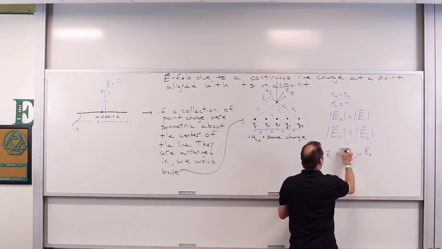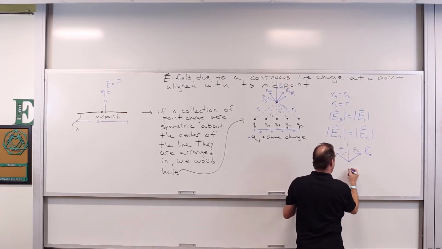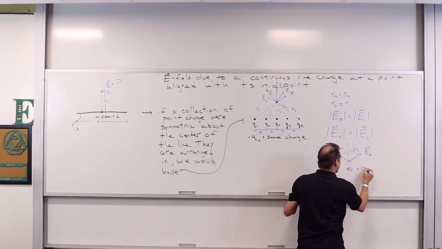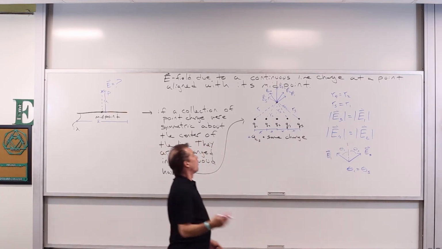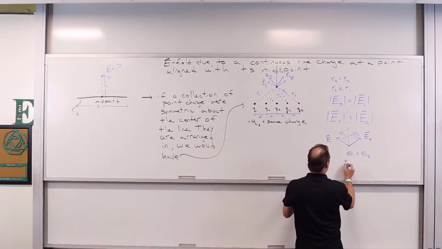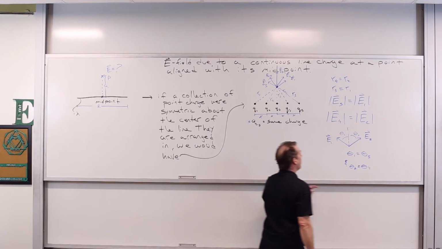We got some theta 1, and we've got some theta 5 relative to the y direction there, and theta 1 is equal to theta 5. And we'd have the same thing for theta 4 and theta 2. And theta 2 is equal to theta 4.